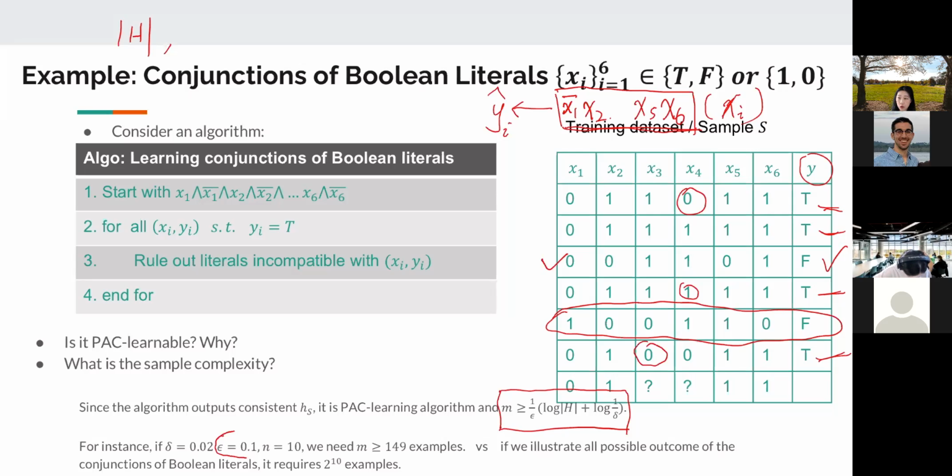You can calculate your test accuracy and compare it with this bound to see how good this bound is. Sometimes it won't be very tight. It could be a little bit loose, especially when your H is very large. Okay, any questions?